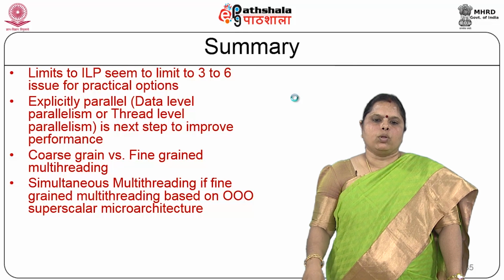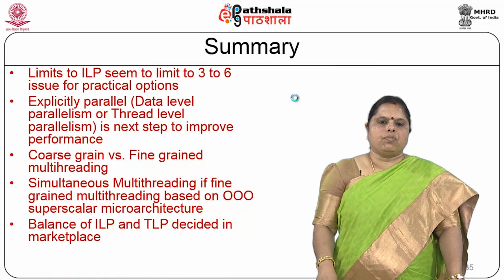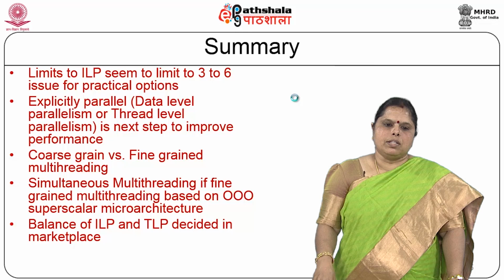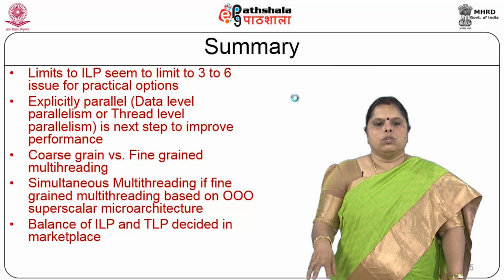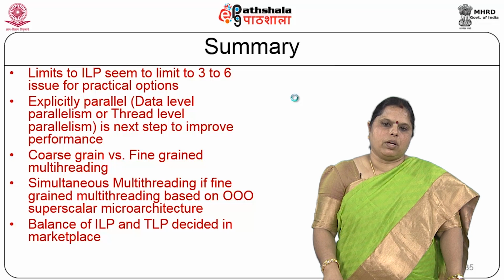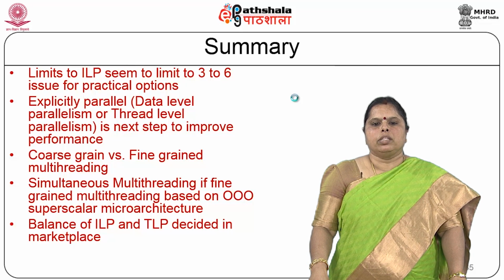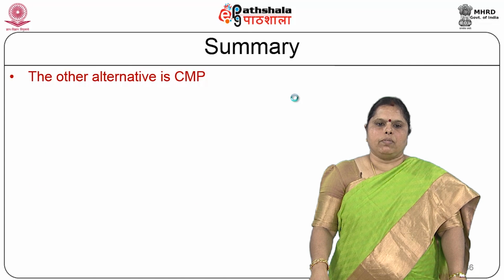All this we are trying to look at in order to improve the utilization of the hardware resources that are available. And the balance of ILP and TLP is decided in the marketplace. So, depending upon the application that you are looking at, you try to exploit as much of the instruction level parallelism available there, and you also try to exploit the thread level parallelism that is available there.